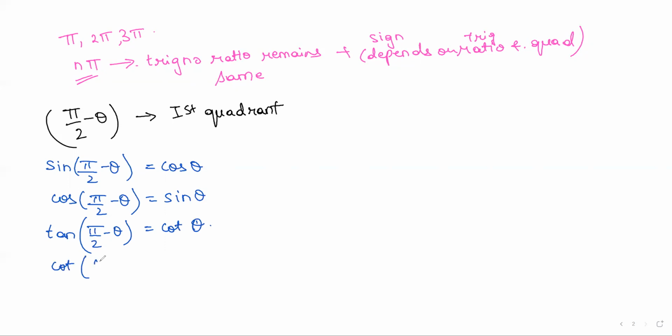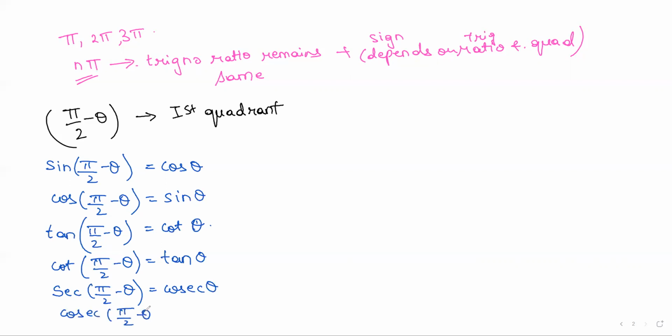Cot of pi by 2 minus theta will be equal to tan theta. Sec of pi by 2 minus theta is equal to cosec theta. Cosec of pi by 2 minus theta is equal to sec theta.